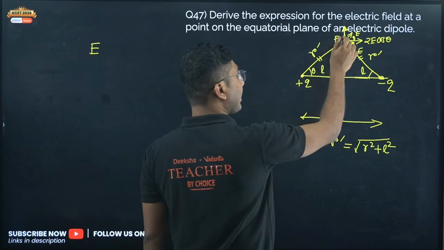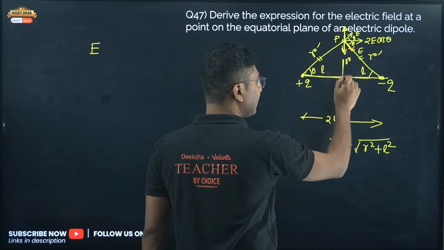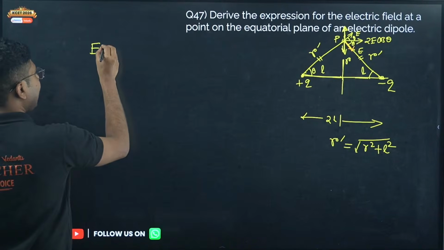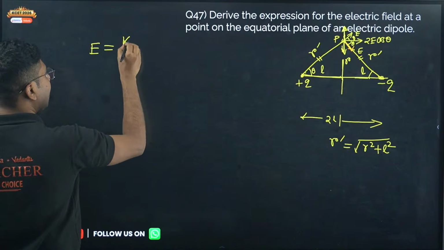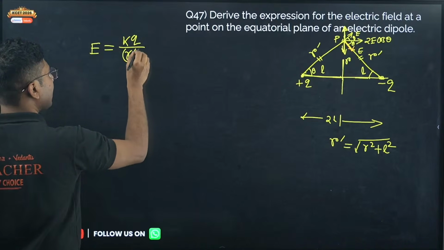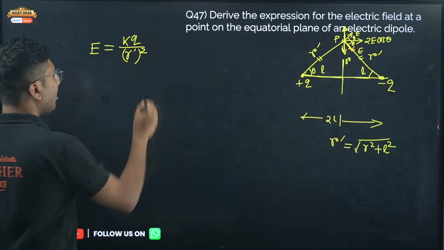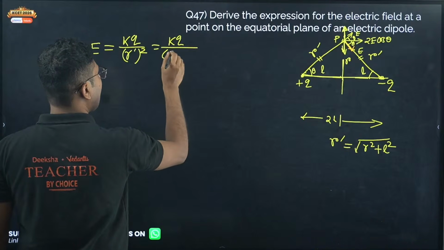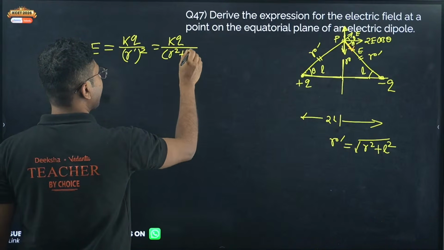So this is r dash, this is l, this is the height r. Now the electric field is given by k q upon r dash whole square, or k q by r square plus l square.